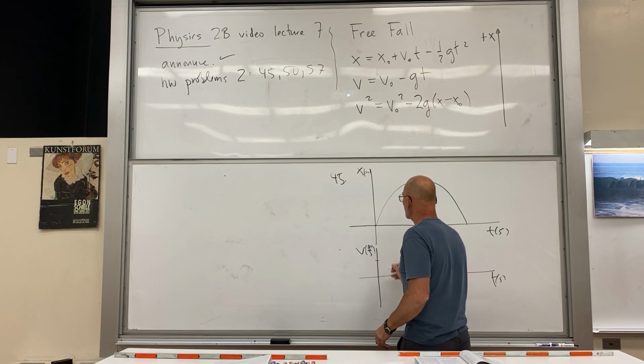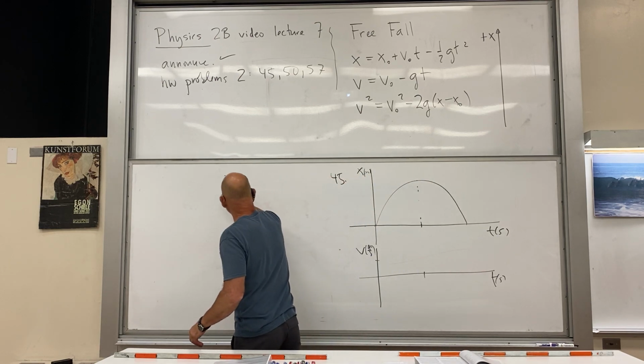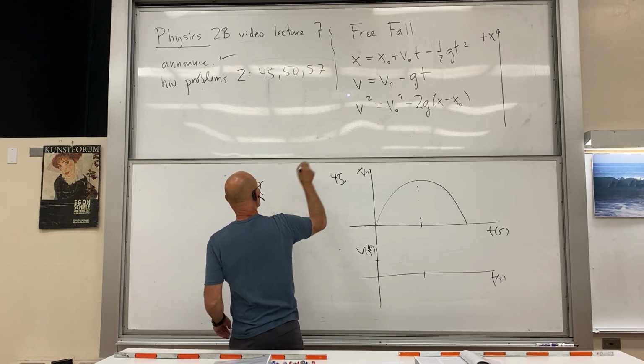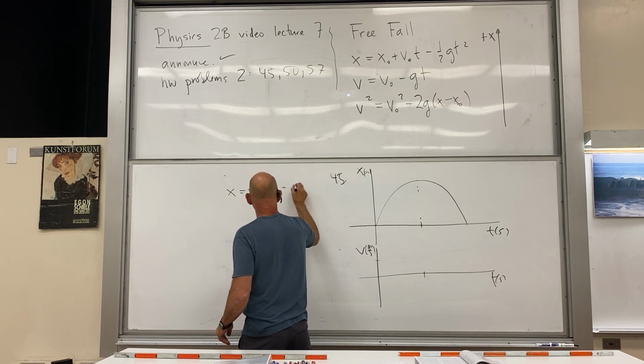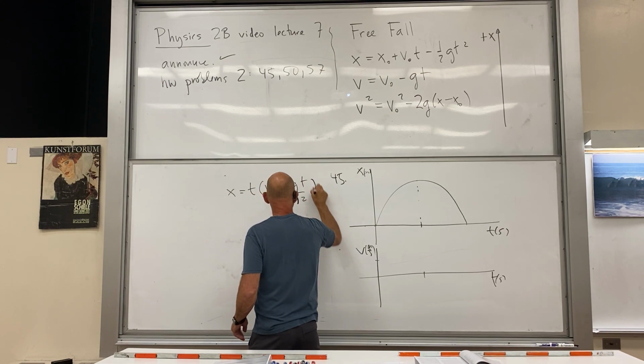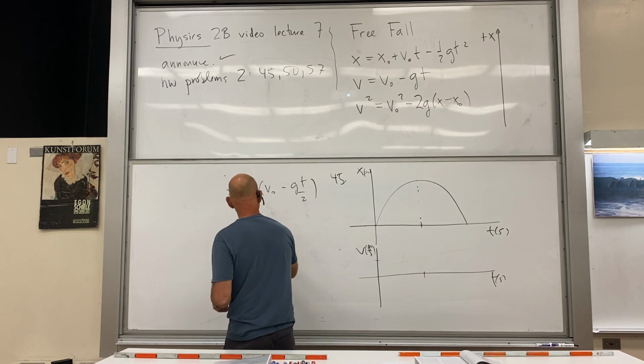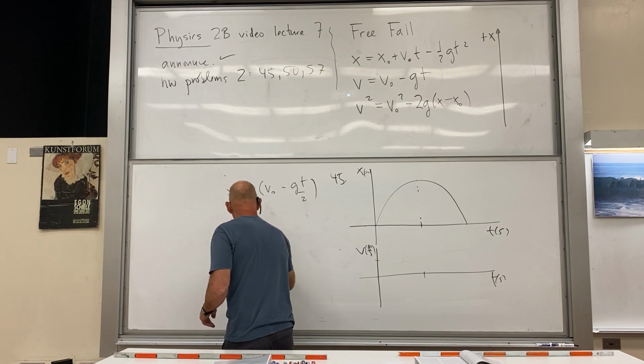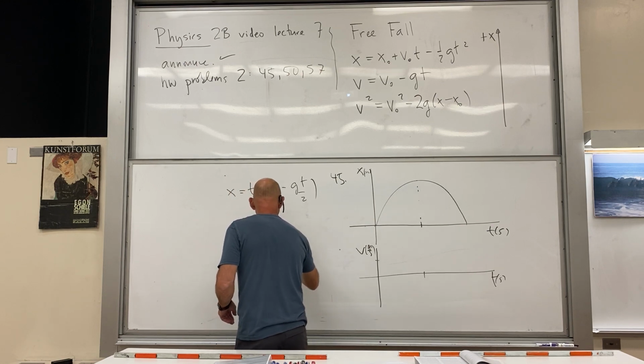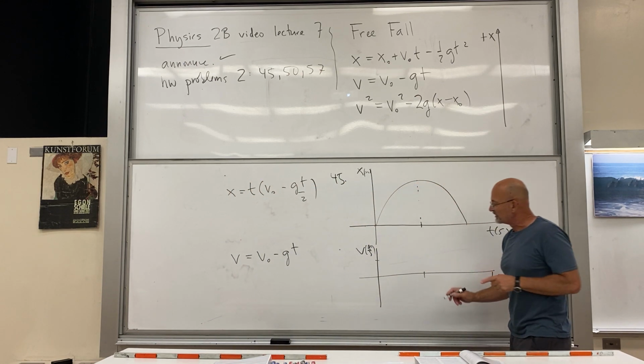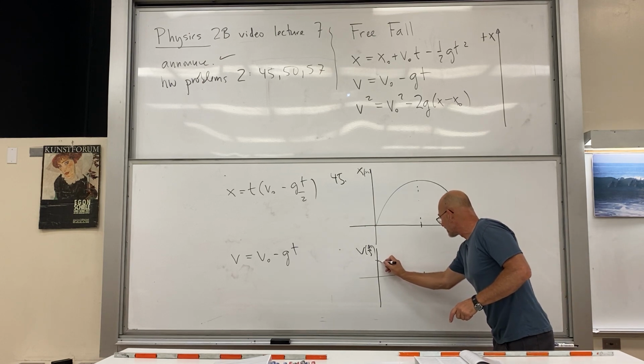Let's write down what we have here. We have x equals, factoring out a t, t times v0 minus gt divided by 2. So I've rewritten the first equation, and down here v is v0 minus gt. So v0 minus gt is the equation of a straight line.